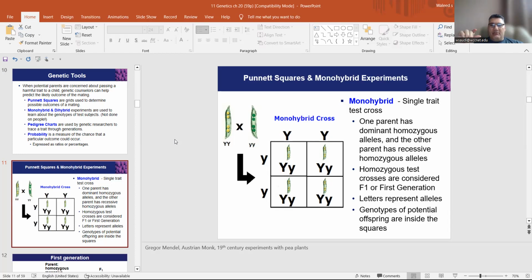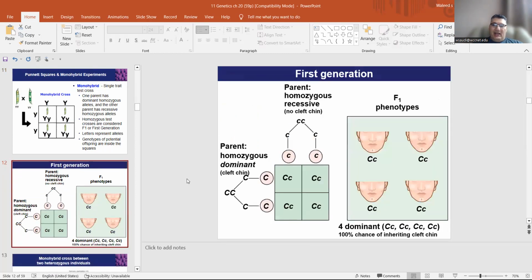But this is monohybrid. What's monohybrid? One difference. Hybrid means two different things, or two different variants. In what? In this case, it's just the color of that bead or that vegetable. That's it. So it's mono. While if it is more than that, you can predict two different things, and this is going to be the dihybrid.